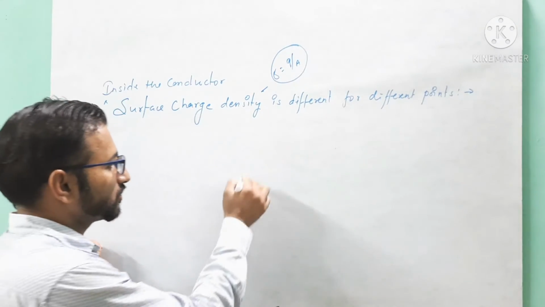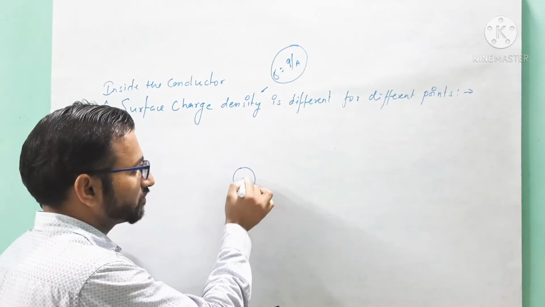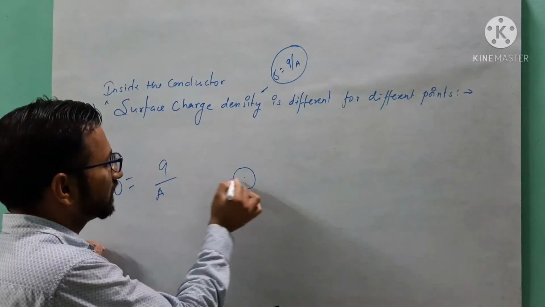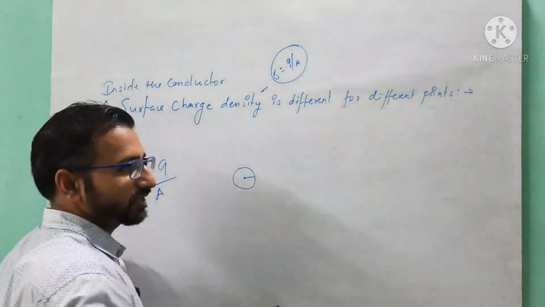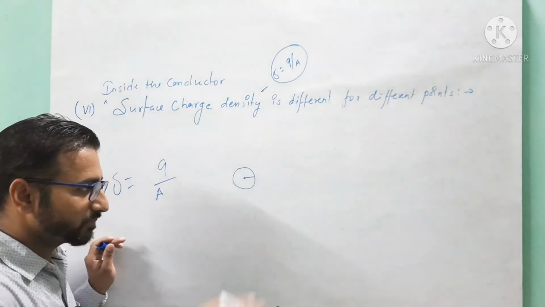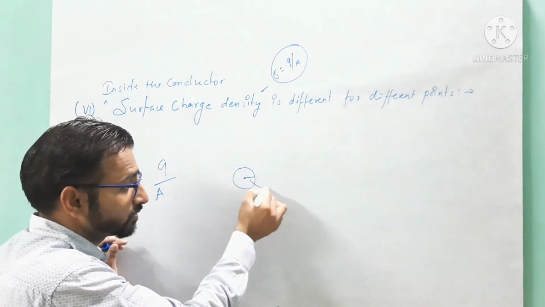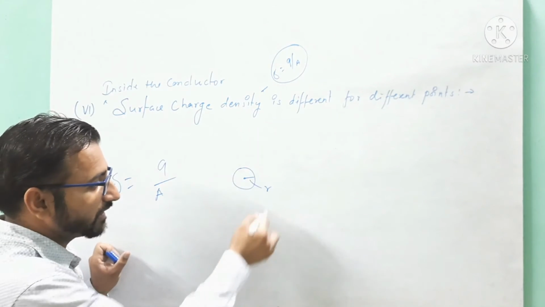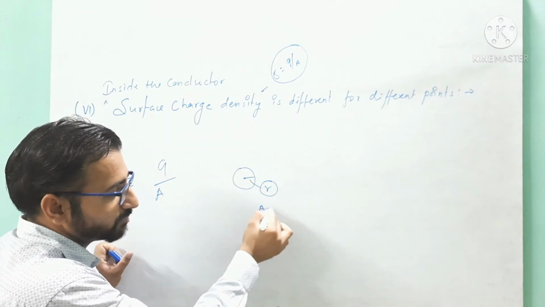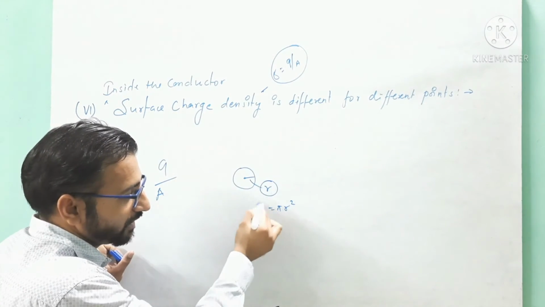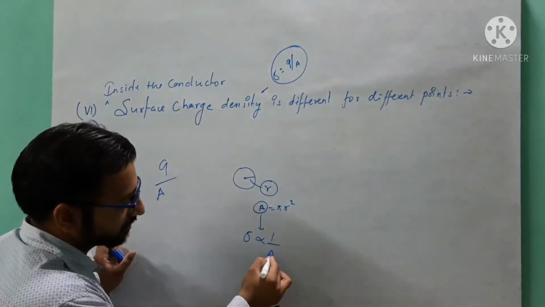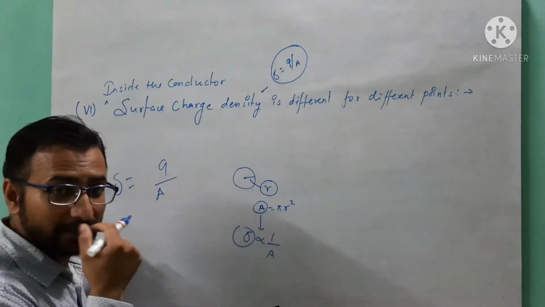As we know, the surface charge density sigma is equal to Q over A. If I take a place or region of small radius of curvature, that is, small radius, it will provide a small area, and if the area is small, we will get a large surface charge density.